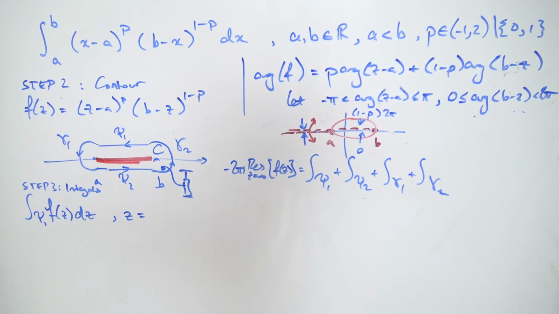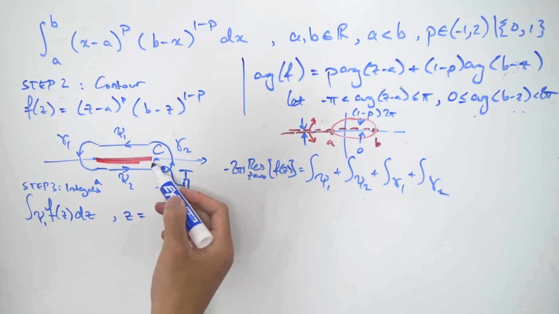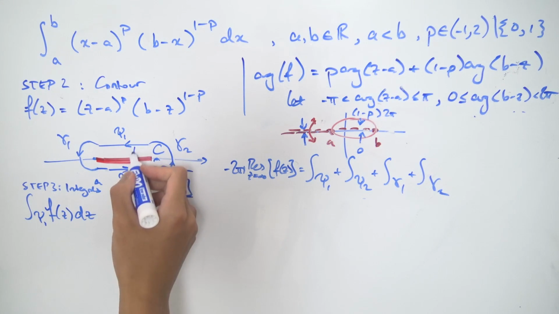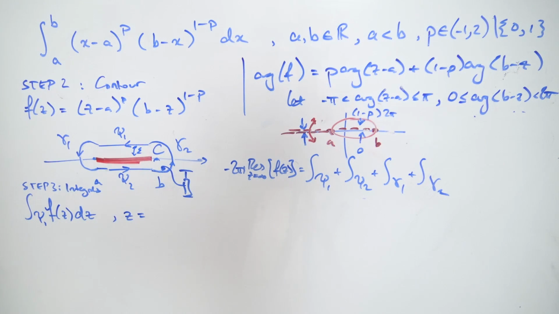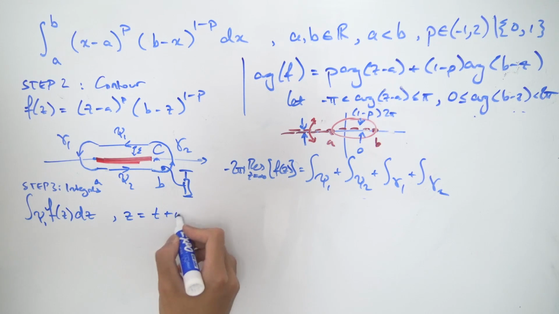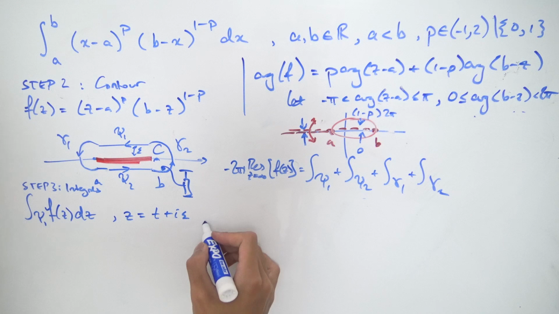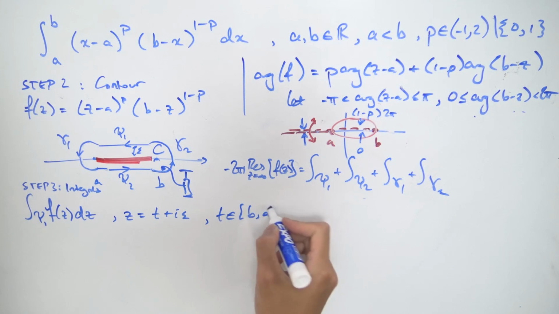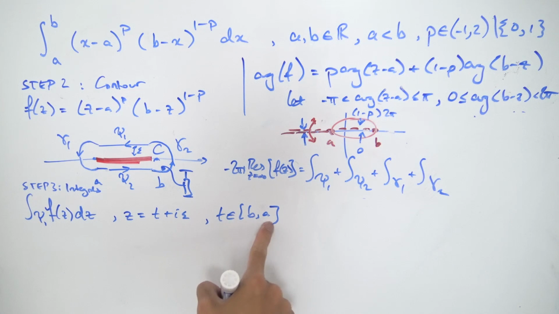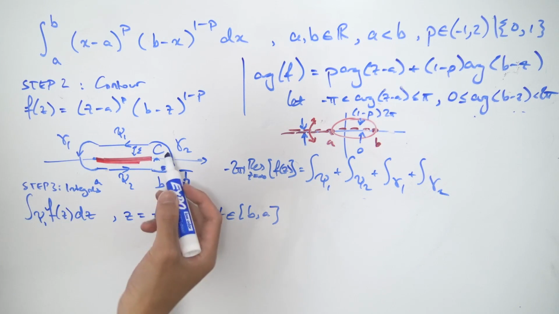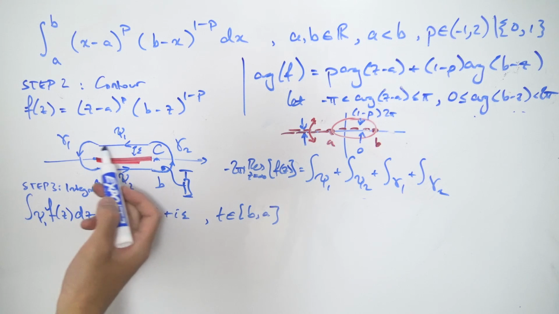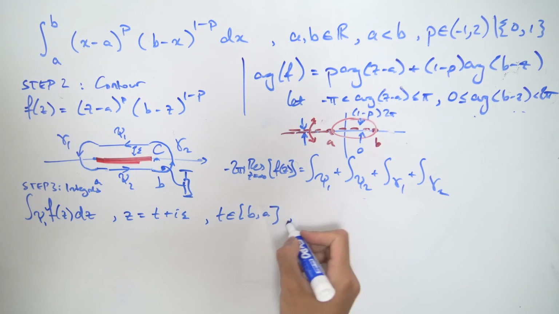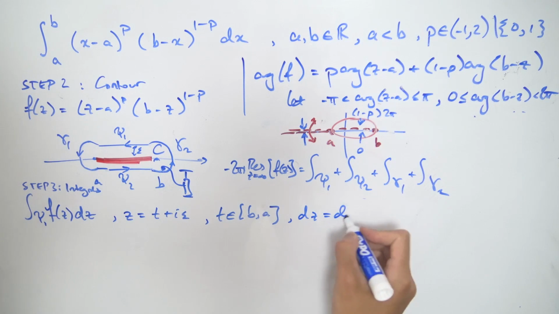Not quite there, but we can imagine we're taking the limits and consider the interval a to b, but raised up a little bit by some epsilon over here. So we're going to have t plus i epsilon, and then t is going to vary between b and a. It's going to start at b and end at a, and from this parameterization you're going to get the set of all the points on this path. And of course our differential dz is going to be the same thing as dt.